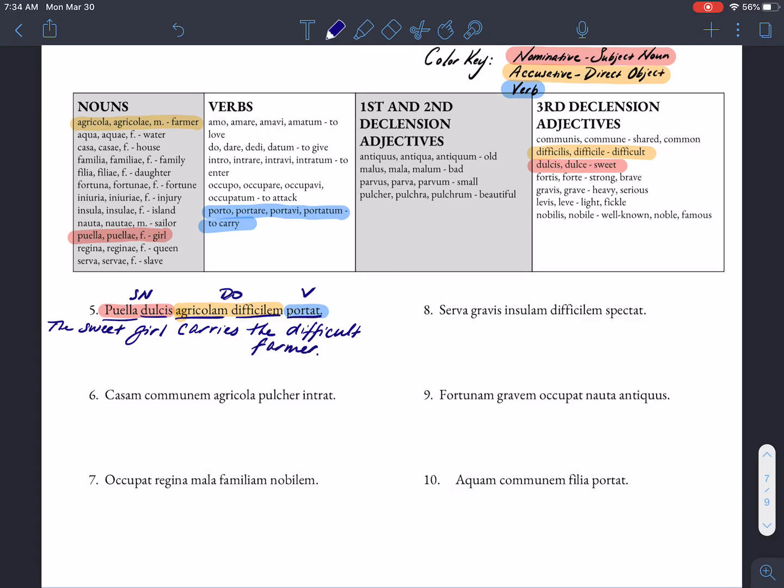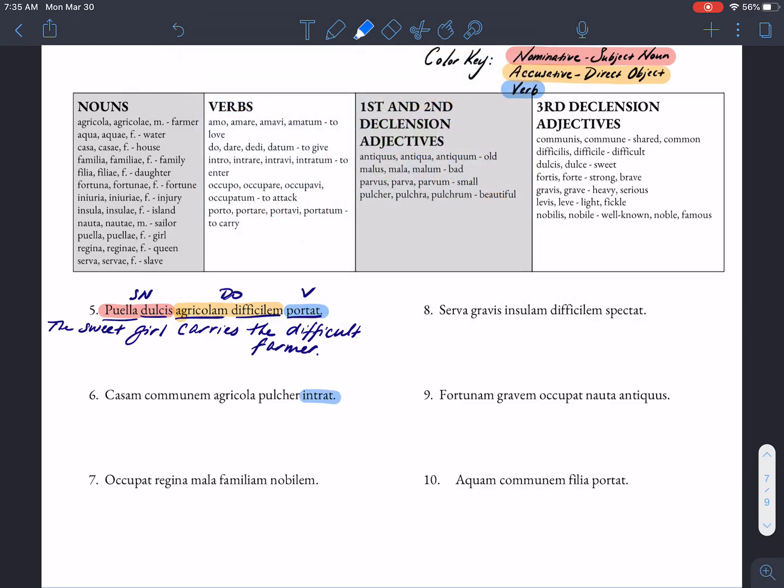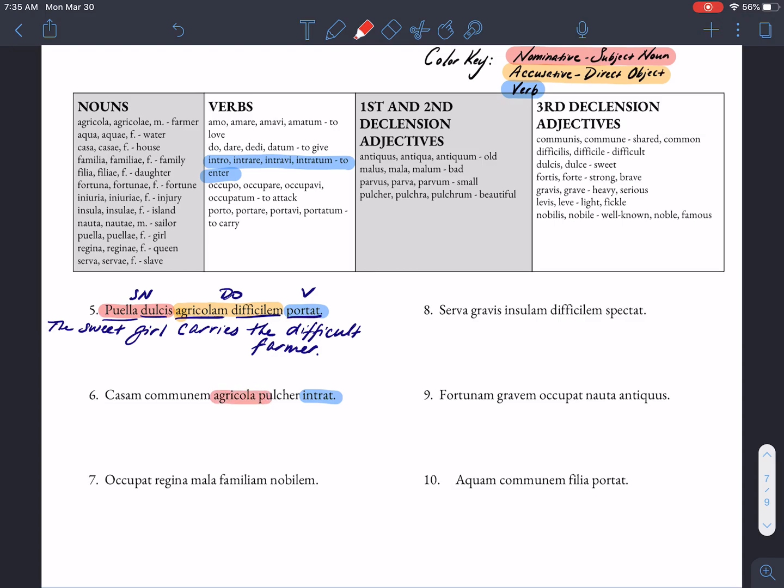All right. Number 6. Casam communem agricola pulcher intrat. All right, so find the verb. It's over here, coming from intro, intrare, intravi, intratum, to enter. Now our nominatives are here, coming from agricola and pulcher. And our accusatives are casam and communem.